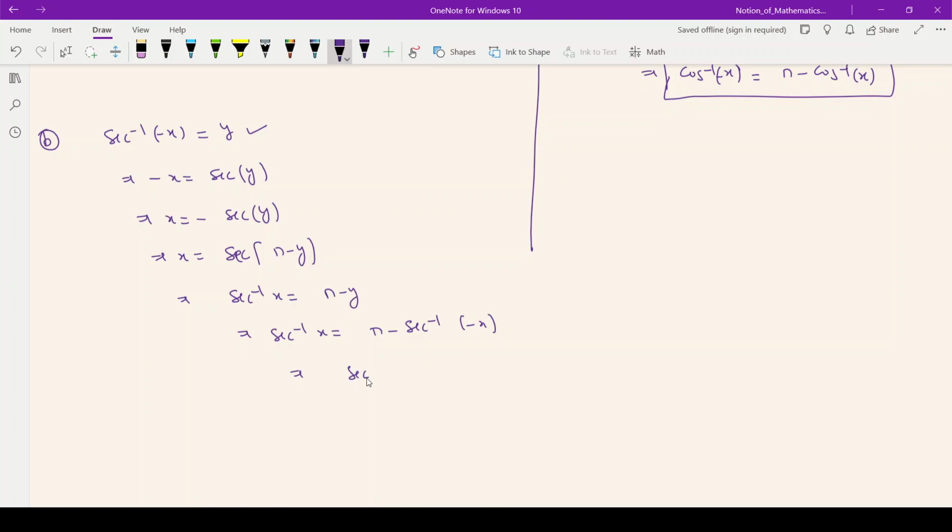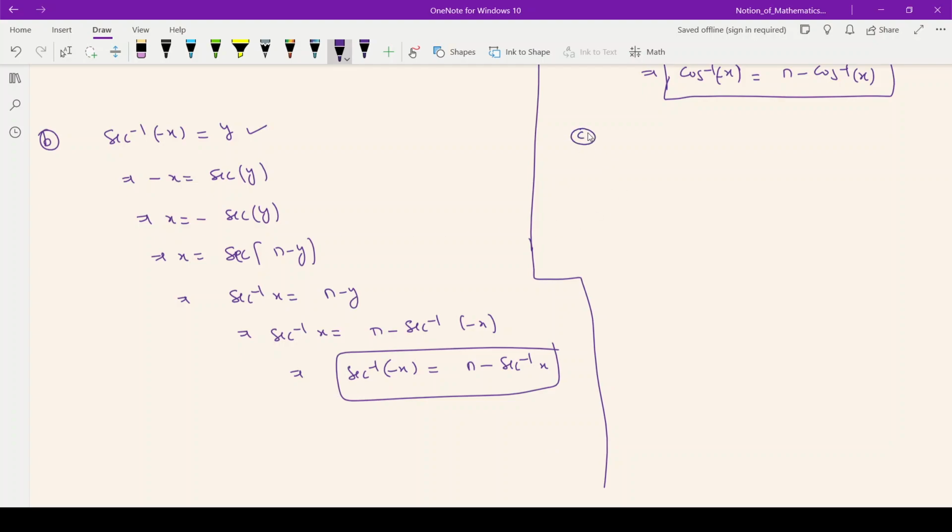That is secant inverse of minus x is pi minus secant inverse of x. So this is the proof of the second property.